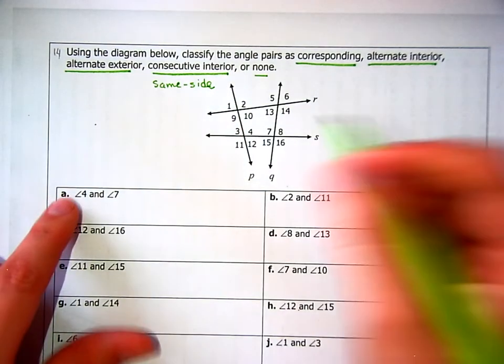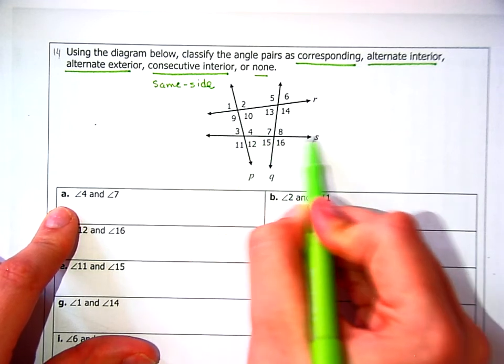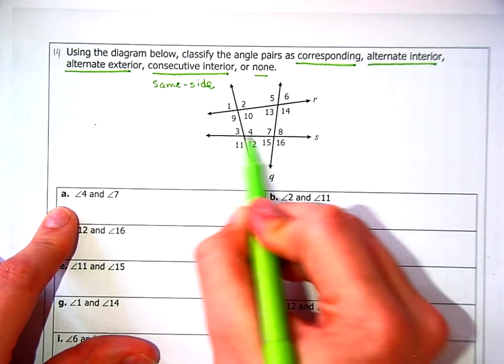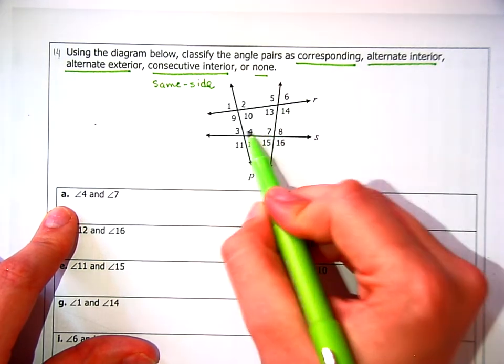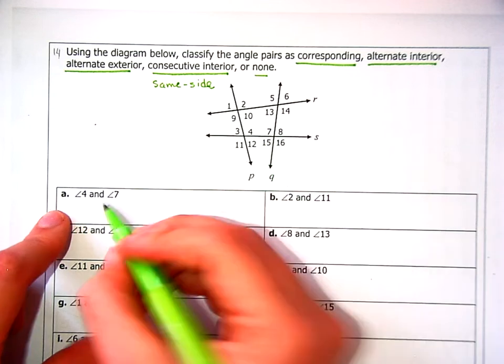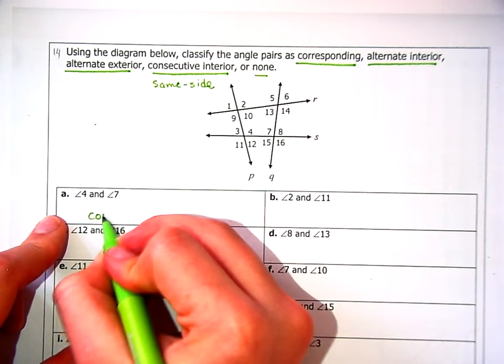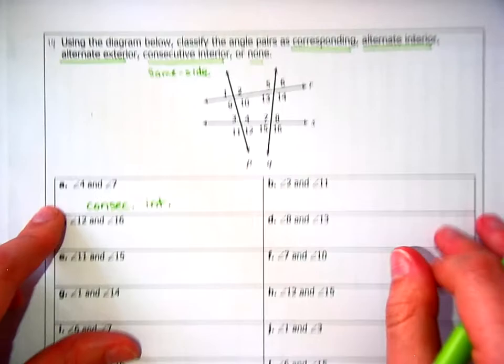All right, so 4 and 7, okay, so these are on the same transversal, remember that's the line they share, and they're on the same side interior, so they're in between these 2 lines right here. So 4 and 7 are same side interior or consecutive interior. I'm not going to write the full words out because we don't have to.